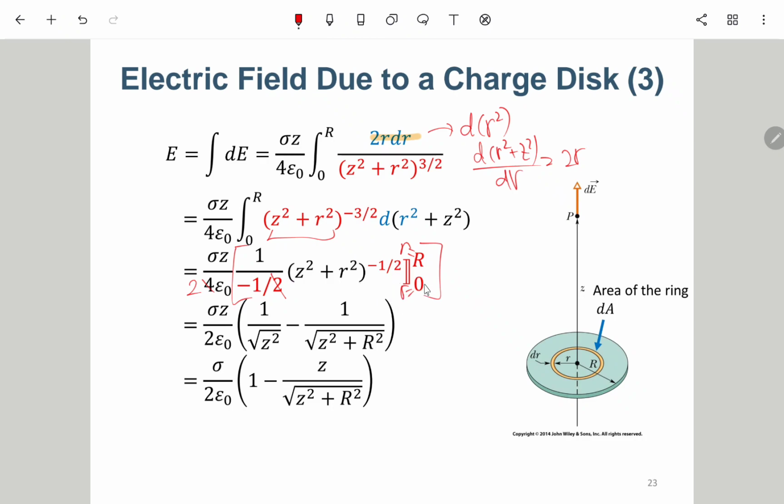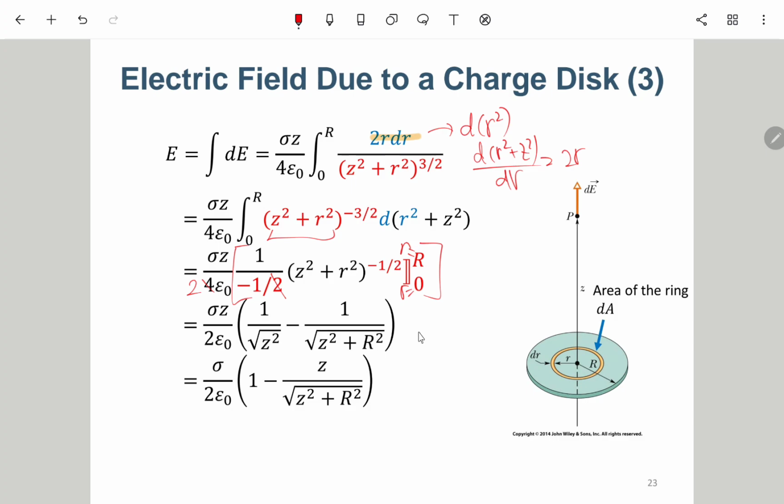First, r equals 0 becomes z squared to the -1/2 power, so it becomes 1 over z. For the second term we minus r equals capital R, with this thing to the -1/2 power, so it becomes 1 over the square root of z squared plus capital R squared.